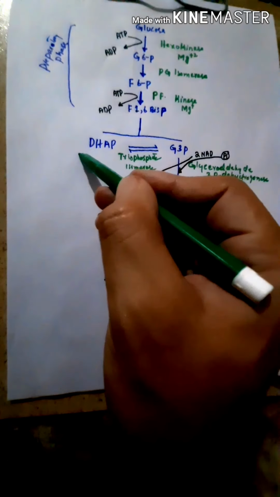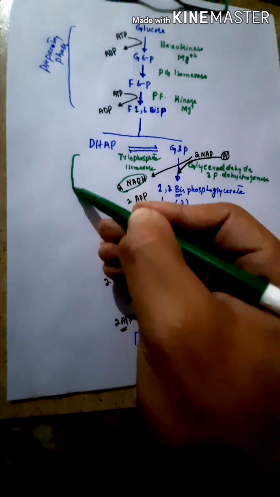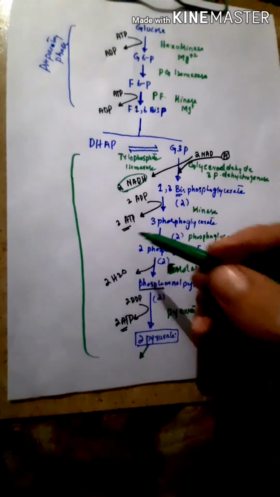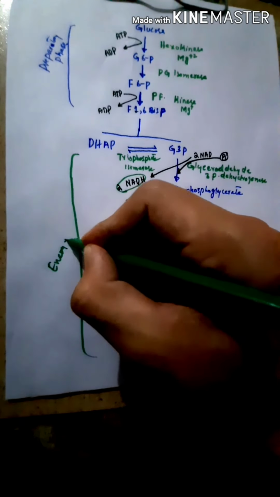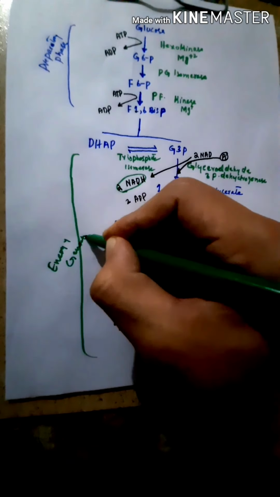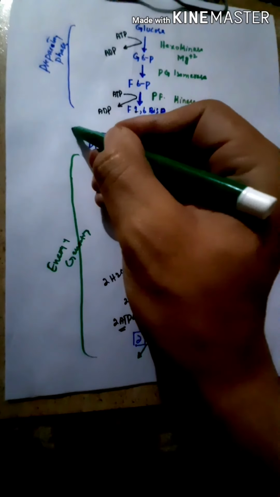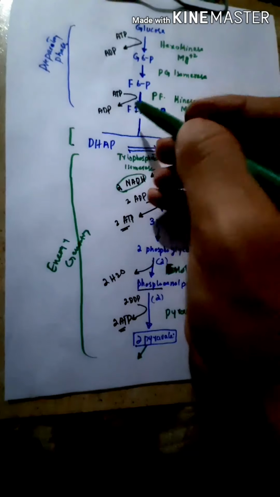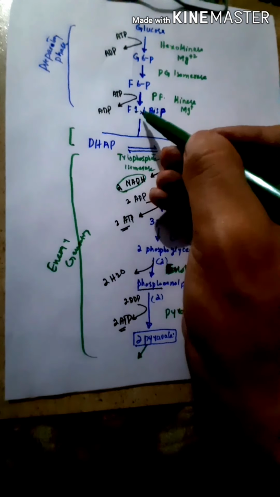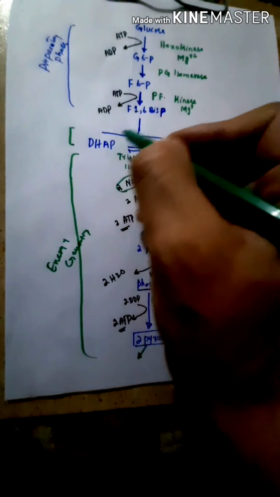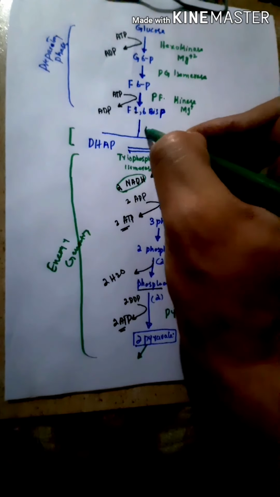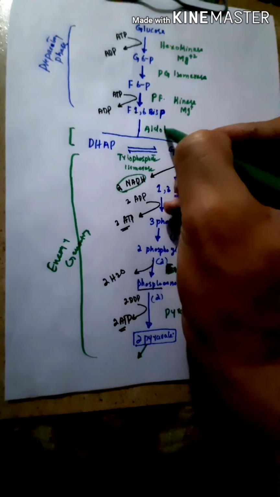This part, from here, is actually the energy generating phase. And this is the splitting phase, in which fructose 1,6-bisphosphate is broken down into 2 molecules in the presence of an enzyme known as aldolase.